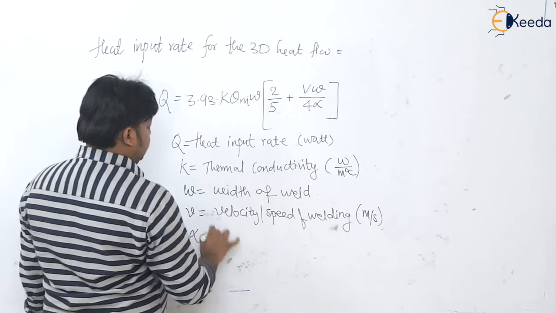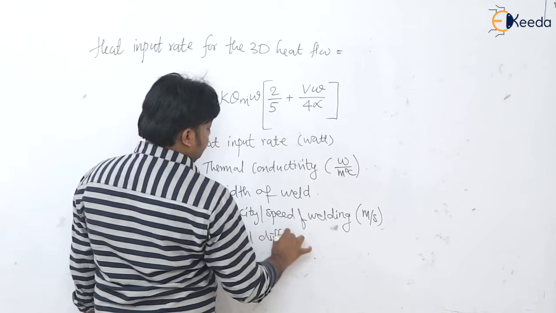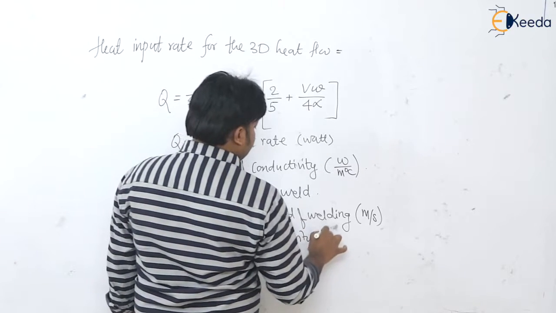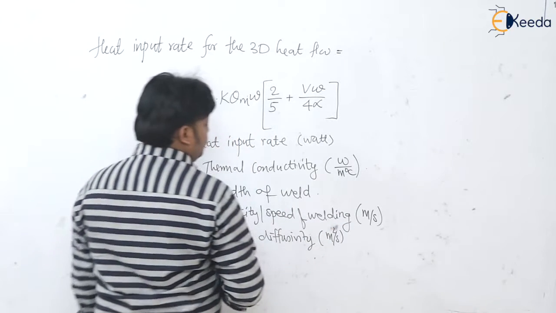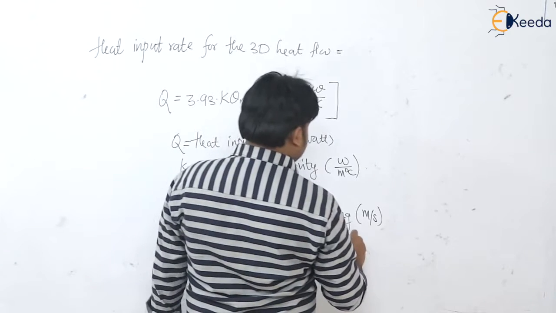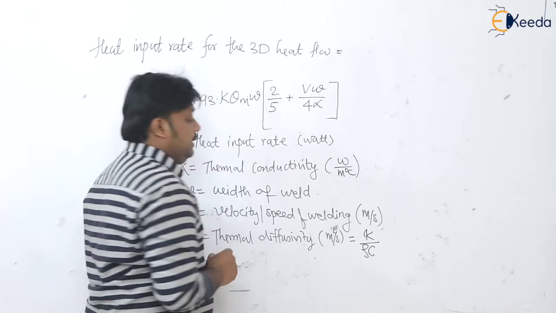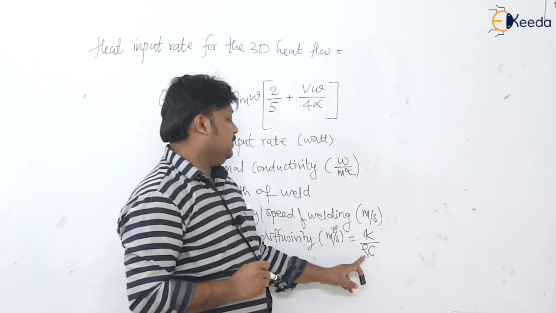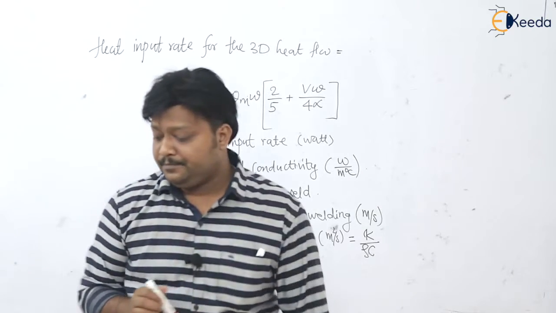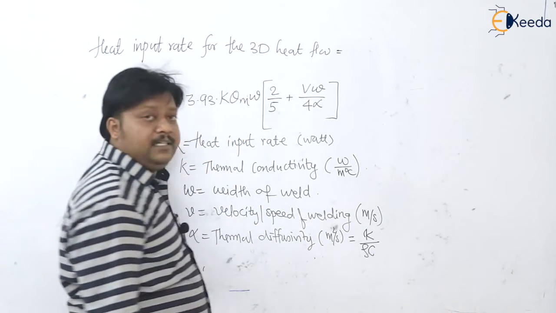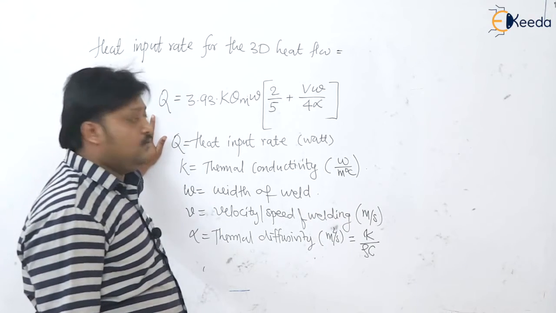And alpha is the thermal diffusivity in meter square per second, which can be given as K divided by rho C. K is the thermal conductivity of the material, rho is the density of the material, C is the specific heat. Okay, this is the heat input rate which is given for the three-dimensional heat flow characteristic.